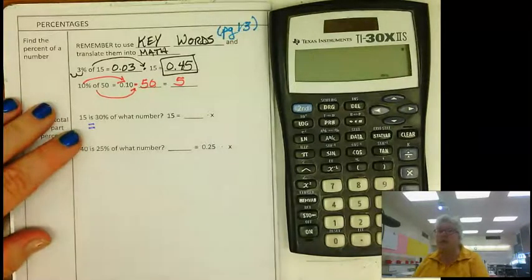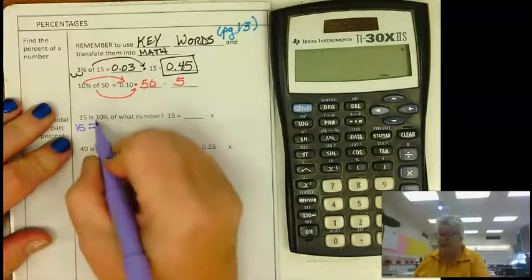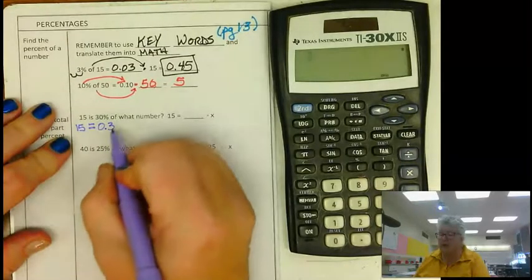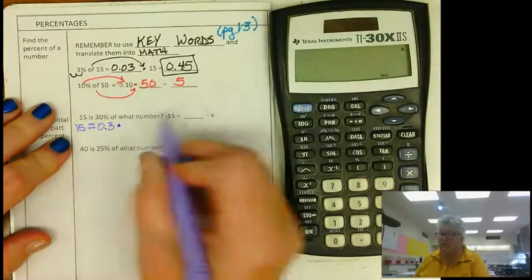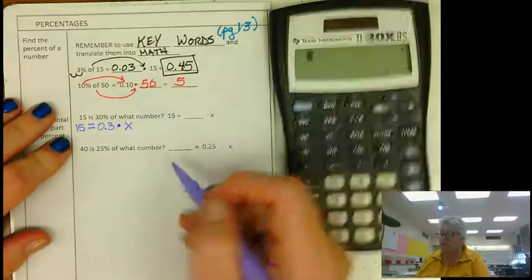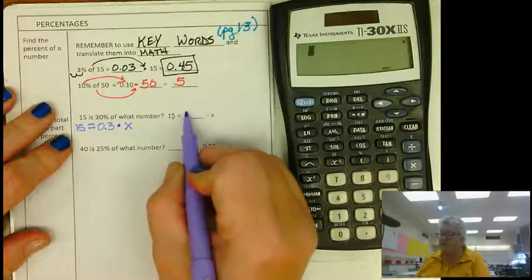It's right in the center of your chart. Okay, so 15 equals 30% of what number? I don't know. So I put an X there. Just like up here, I typed in 15 equals 30% of what?